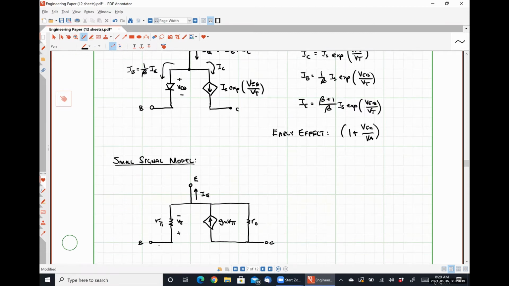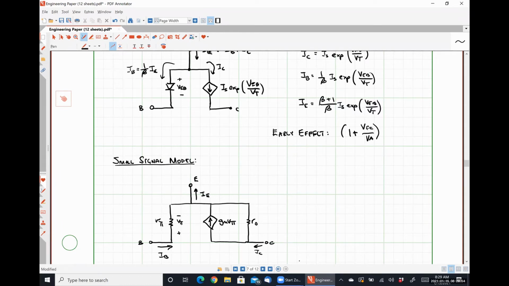Our base current is flowing from the base to the emitter, and our collector current is flowing from the collector to the emitter. Our definitions for transconductance, R pi, and R naught are all exactly the same. Okay. So there is no difference whatsoever between the small signal model of a PNP transistor and the small signal model of an NPN transistor. Just want to be very, very clear about that.